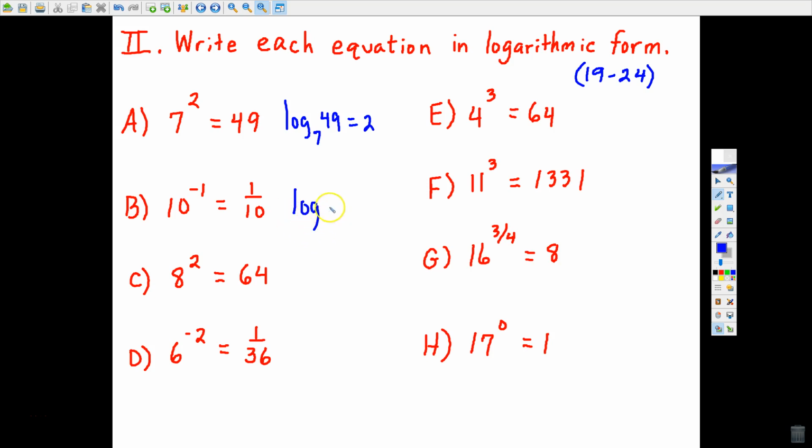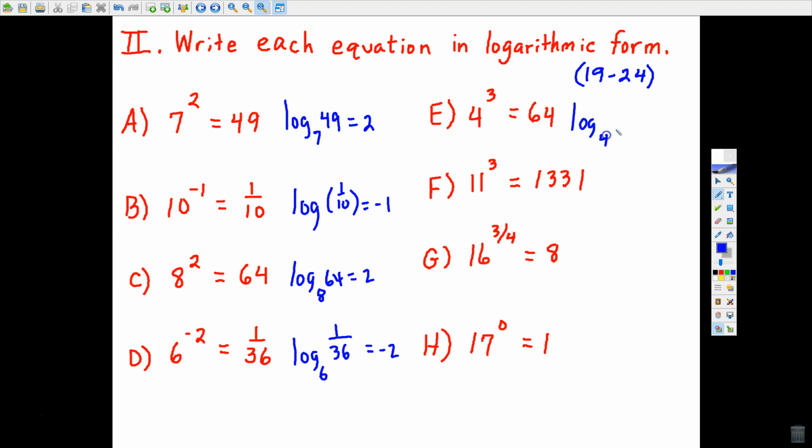If you did, I wouldn't mark it wrong, but that's the one base that doesn't need to be written. Log base 10 of 1/10 equals the exponent -1. Here, log base 8 of 64 is equal to 2. Log base 6 of 1 over 36 is equal to -2.